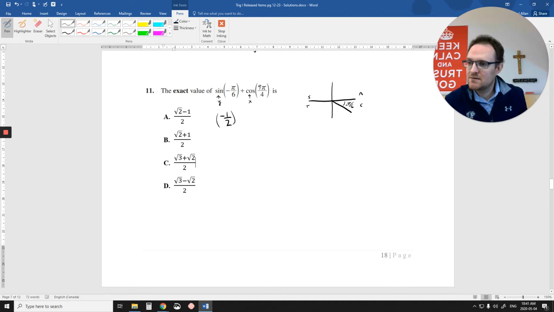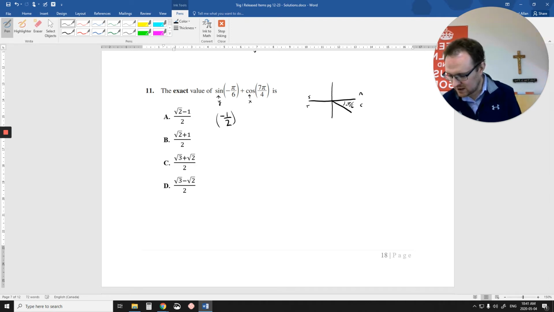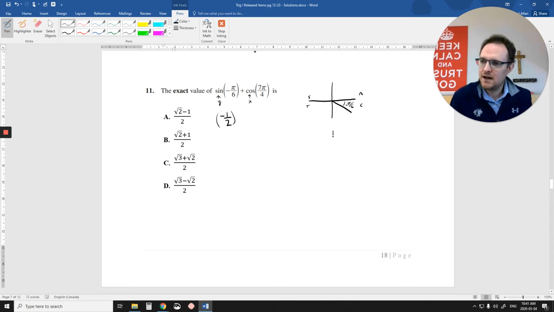Cool. And 7 pi over 4 is a 45 degree angle because it's over 45. Let's just times that by 180, 315. So that lands in the fourth quadrant again. 315, 45.